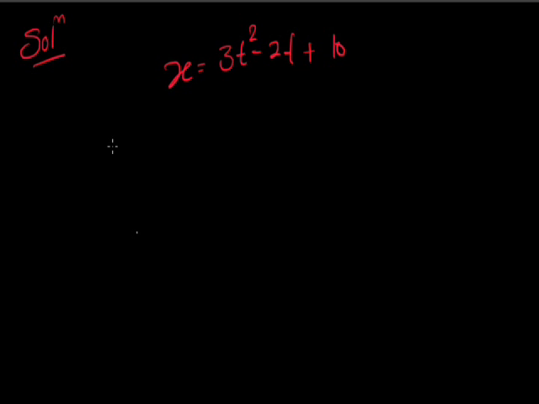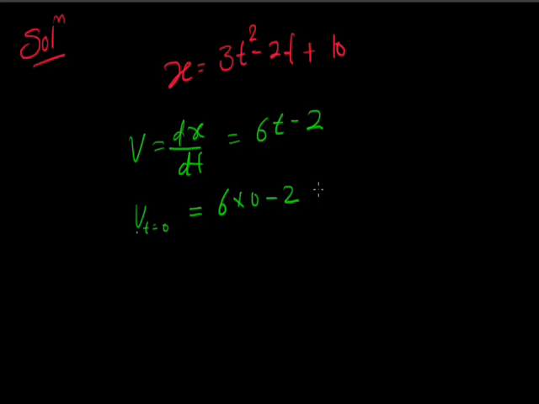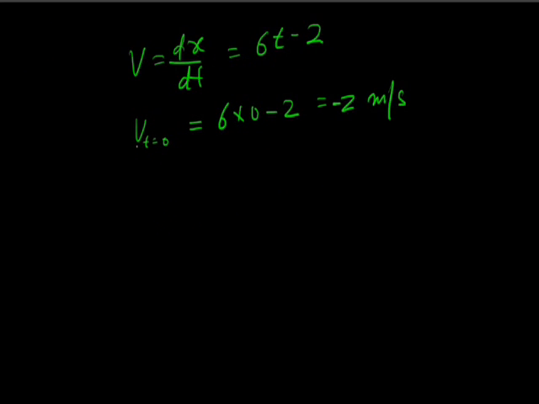We know that velocity v is equal to dx by dt. Differentiating this, it is 6t minus 2. At t equal to 0, it is 6 into 0 minus 2, that is minus 2 meter per second. It is a negative velocity, but it is time dependent.